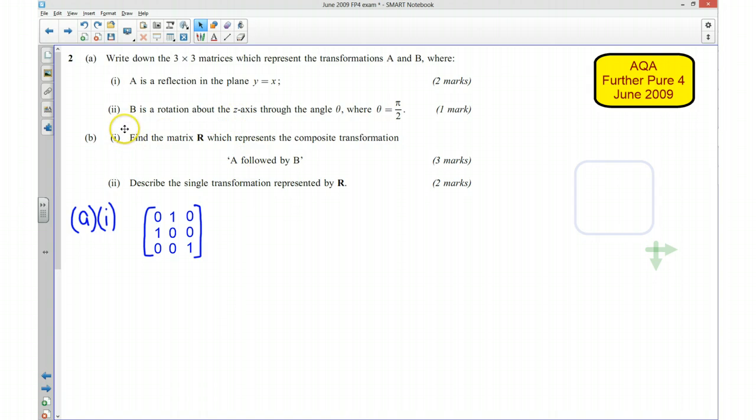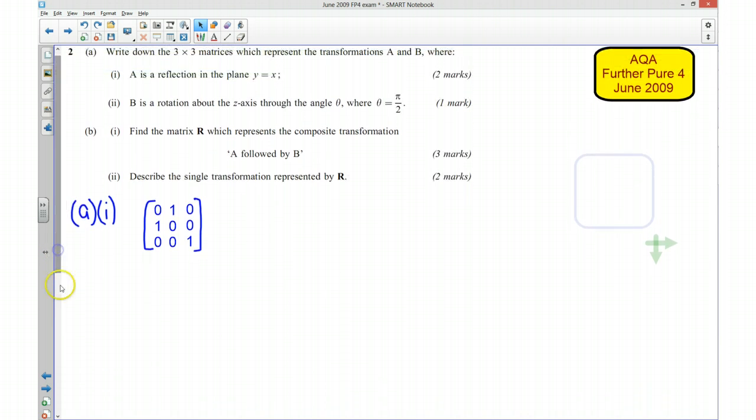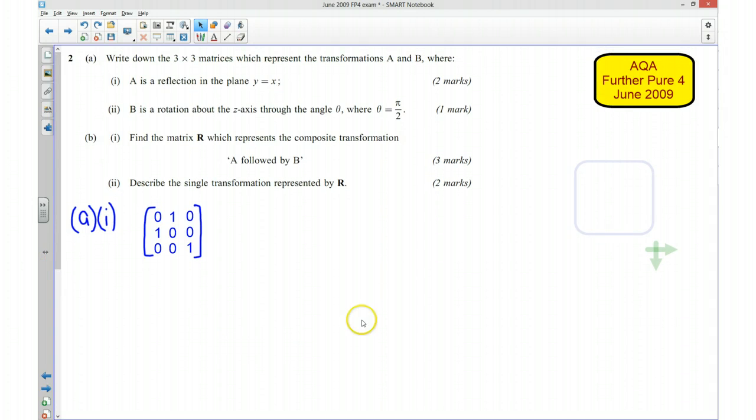Okay, for part 2, it says B is a rotation about the z-axis through the angle theta, where theta is pi over 2 radians. So rather than go through the theory of this, I'm going to have a quick look at our formula booklet. But before we do, because it's a rotation about the z-axis, the z-axis is going to be invariant, so none of the points on the z-axis would move.